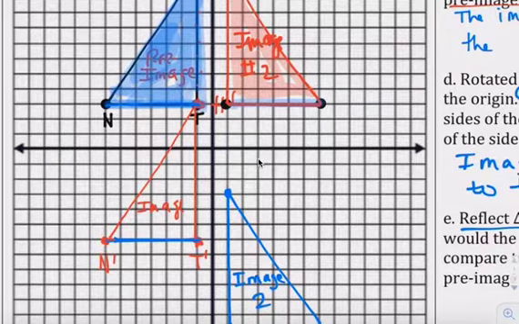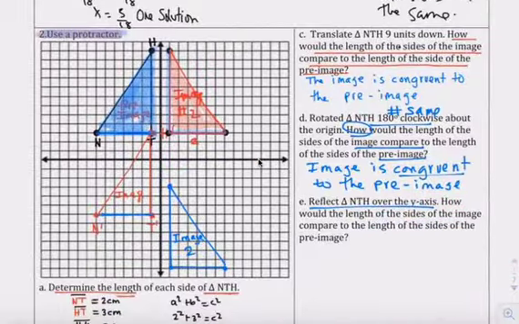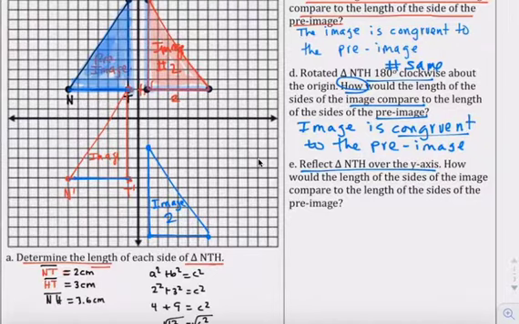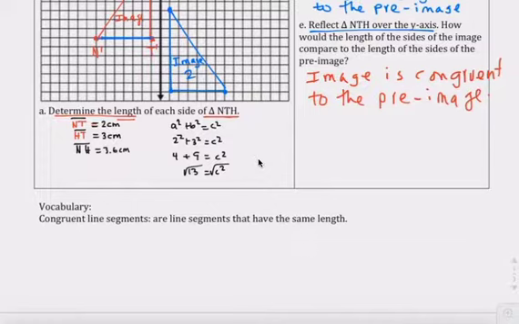Measure it, you'll find that it's 2 also. Measure this here, you'll also find that it is 3. We call that congruent. The image is congruent to the pre-image. There's no change. Even in your mirror it still stays the same, nothing changes.